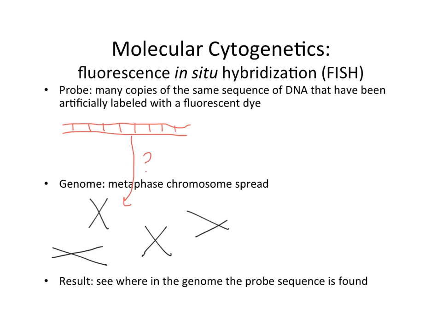And the results of FISH experiments look somewhat like this. There will be dots of that red fluorescent signal that sit on the chromosomes of the metaphase chromosome spread where this DNA sequence, whatever it is, is located. So in this case, this tells us that it's the long arms or Q arms of this submetacentric chromosome where this particular DNA sequence is found in the genome.